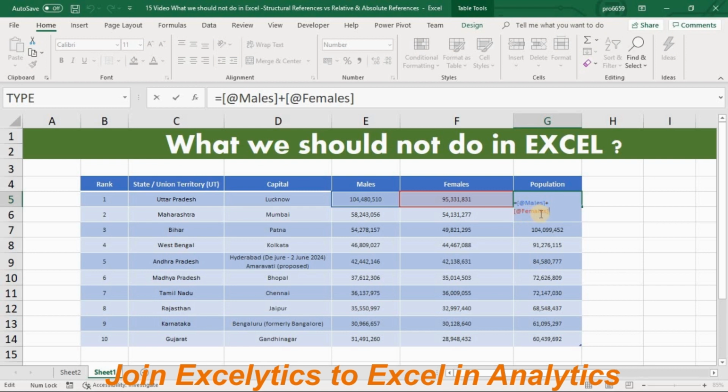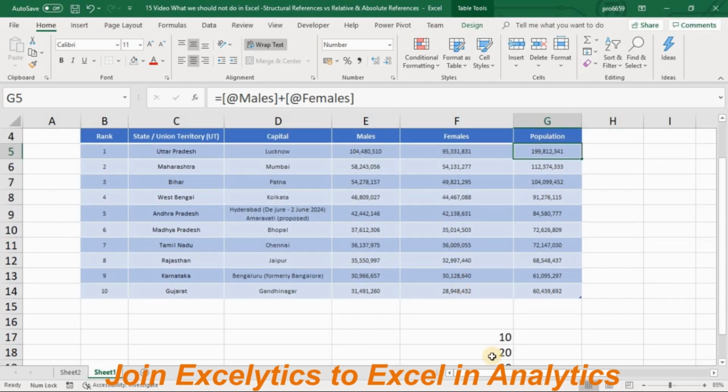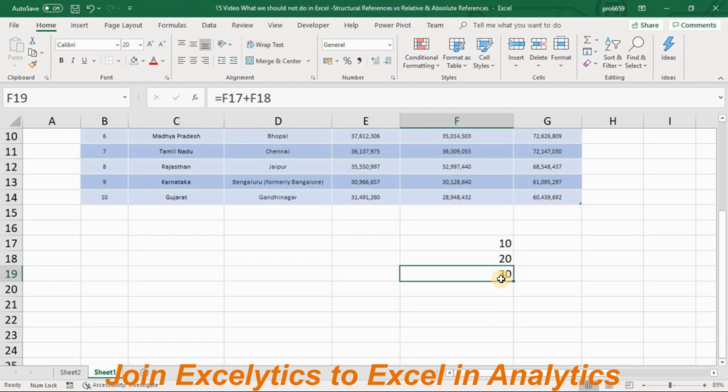The reason is that this is table formatted data. In table formatted data, the formulas use structured references, and in normal formulas we see absolute or relative references. In this case, it's a relative reference.